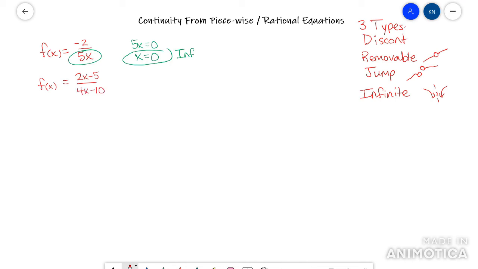Okay, when I see this problem, I'm immediately factoring everything. So I GCF the bottom, and now when I look at it, I see 2x minus 5 would cancel. When this happens, that's an example of a removable. It is not an asymptote there, it's just a hole.